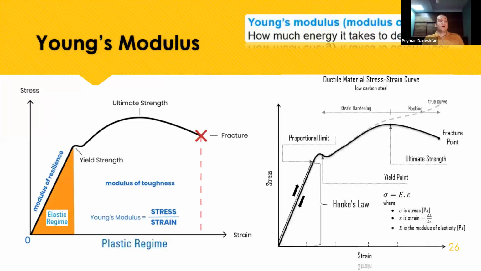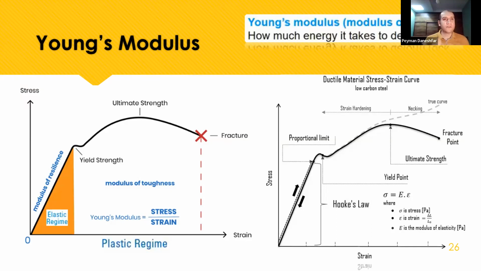Here you can identify the Young modulus. Okay, Young modulus: how much energy it takes to deform a rock. If you see here, the yield length is the modulus of resilience that follows Hooke's law. And from the yielding stress to fracture, it's the modulus of toughness.